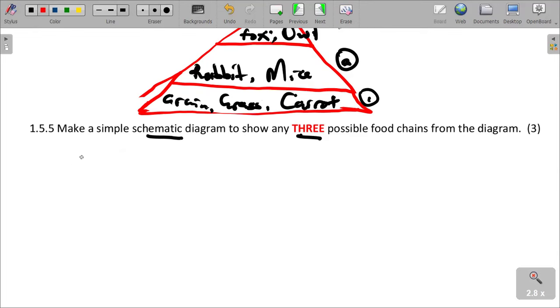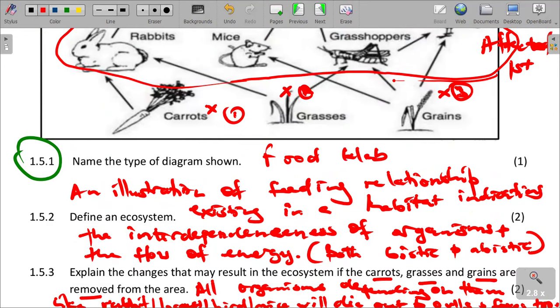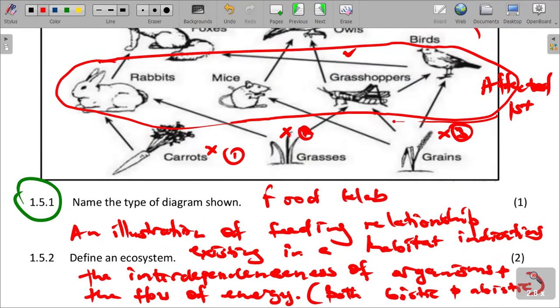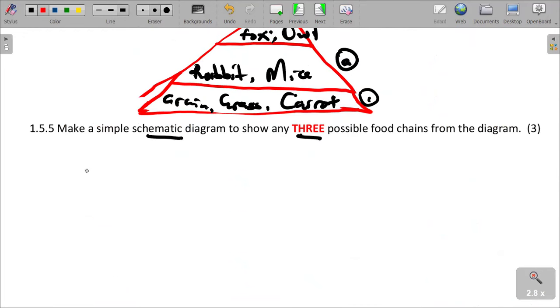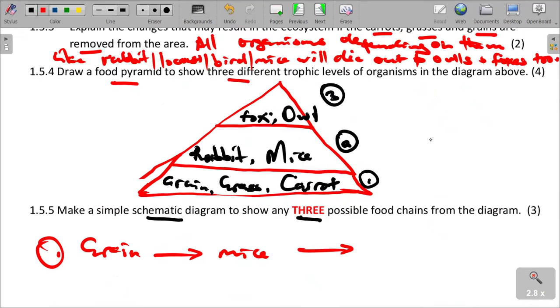I have the grain, the mice, the owl. The owl can also be found there. Any three possible food chains.